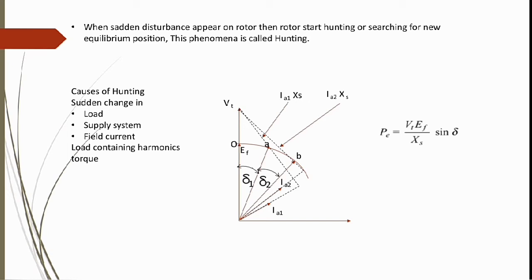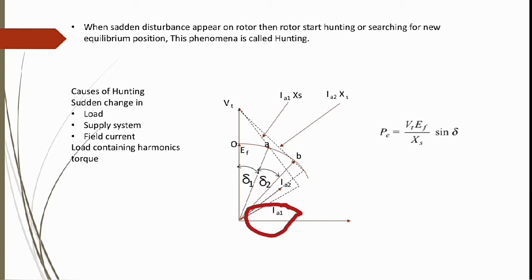After that, whenever a disturbance occurs, delta 1 changes, or you can say the load suddenly changes, so the load angle also changes. We will get a current called IA1.